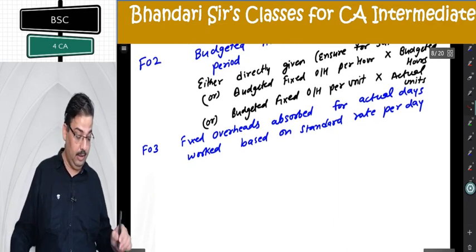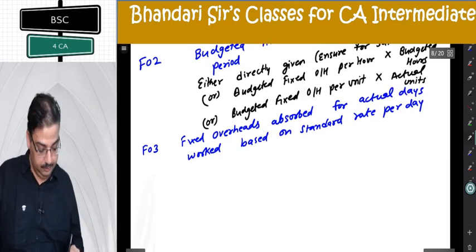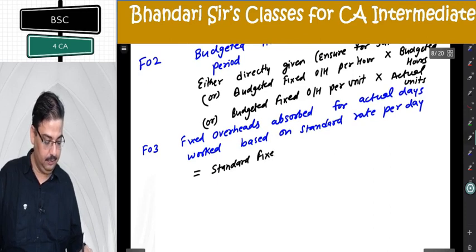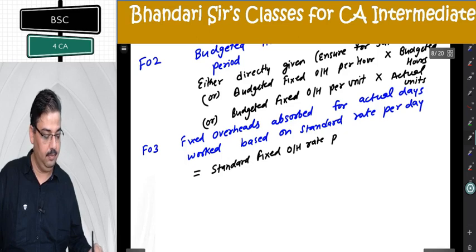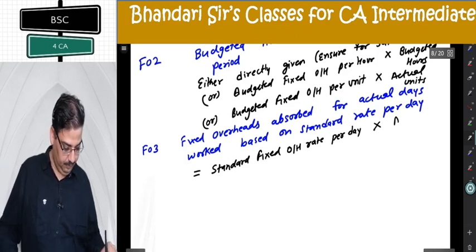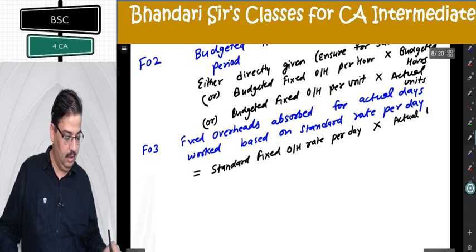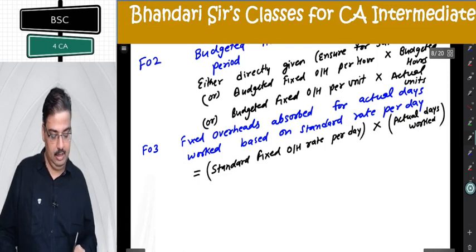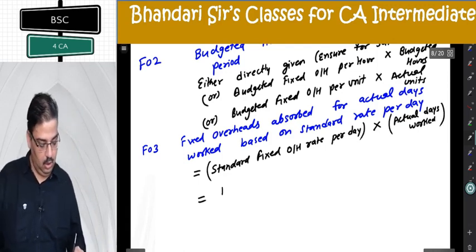How to calculate: it is equal to standard fixed overhead rate per day multiplied by actual days worked. How to calculate?